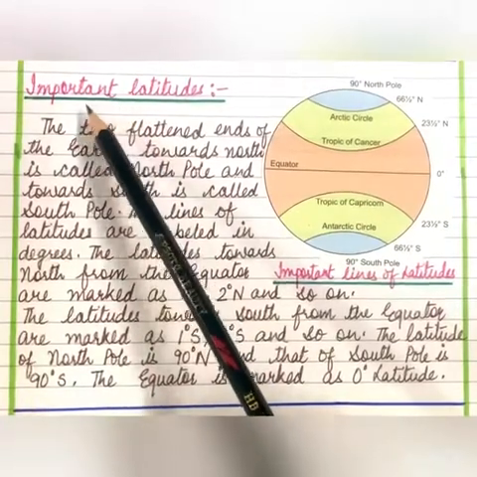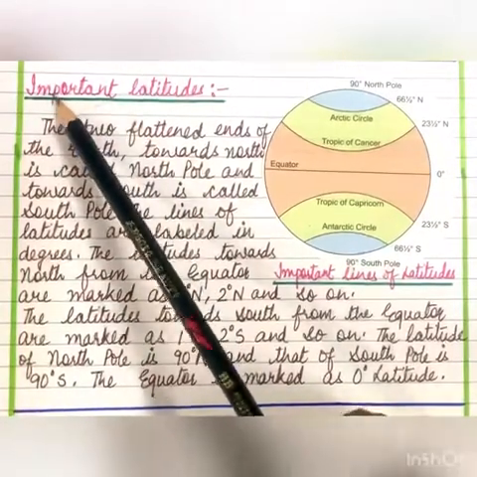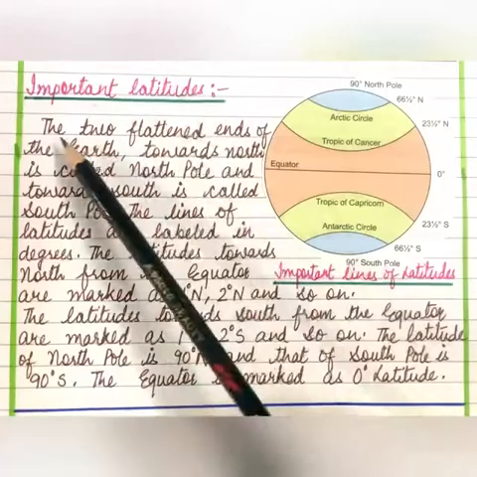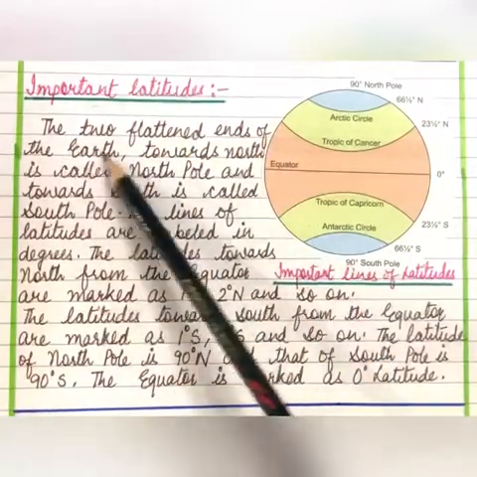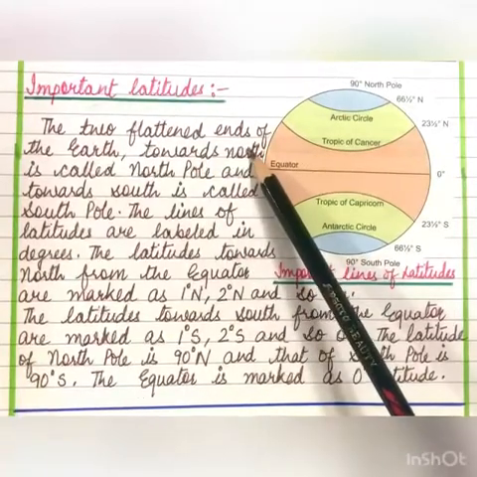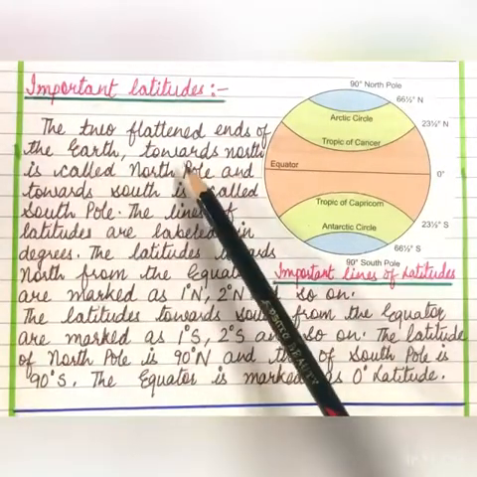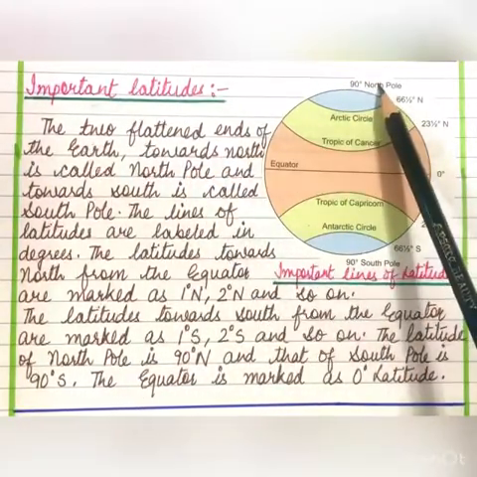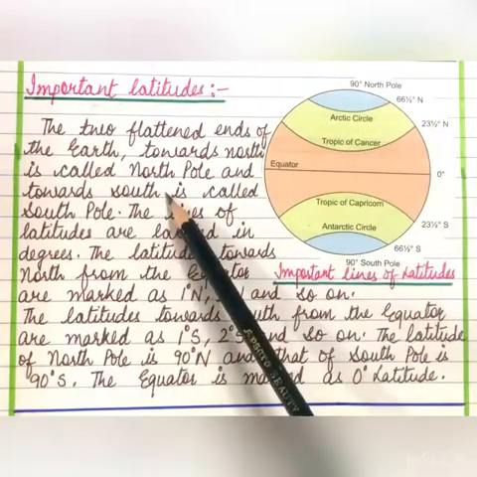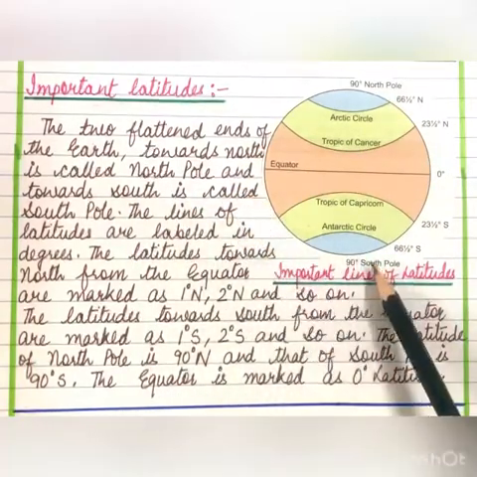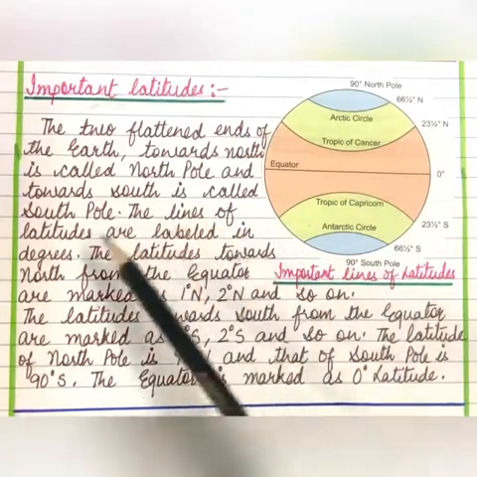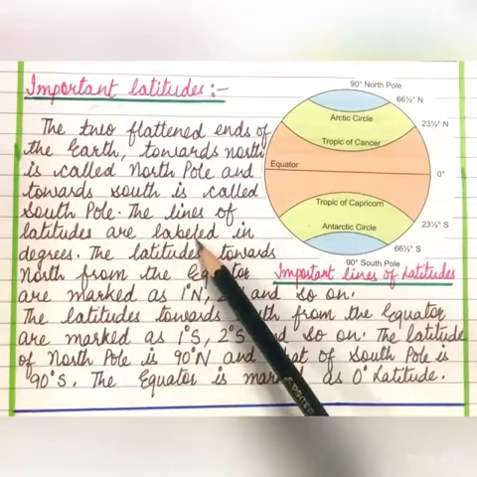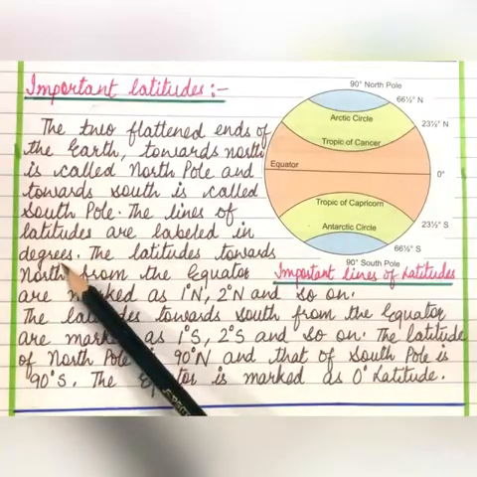Now we will discuss about the important latitudes. The two flattened ends of the earth towards north is called North Pole, and towards south is called South Pole. The lines of latitudes are labeled in degrees.